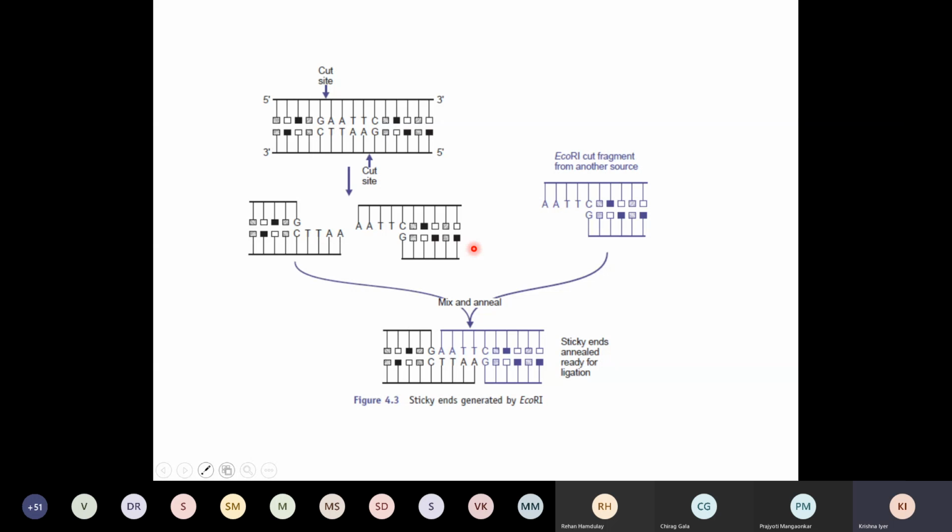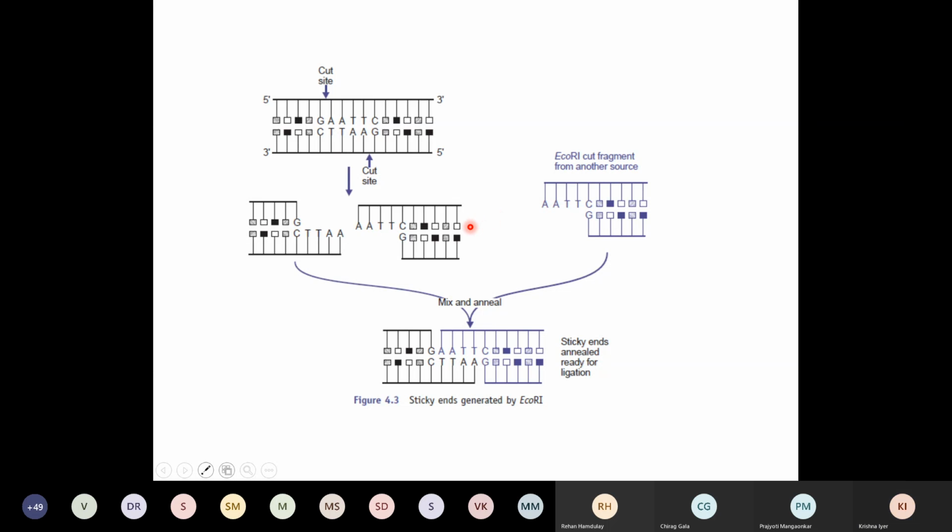And if I now treat this with DNA ligase, which will reseal these ends, I get a new piece of DNA where this end is from this DNA, while this end is from the other DNA, and this was possible because of the similarity in the sticky ends.